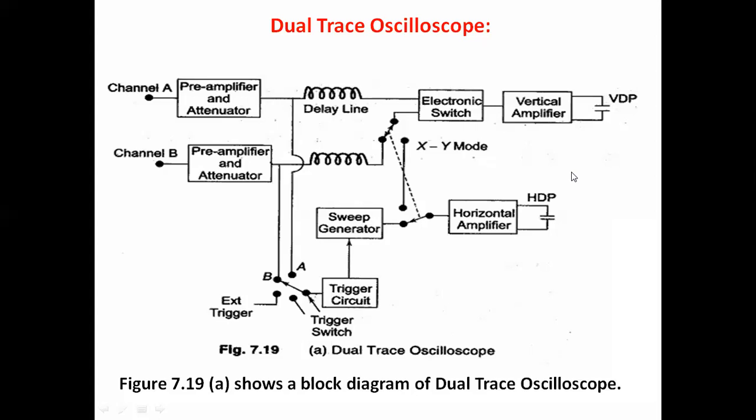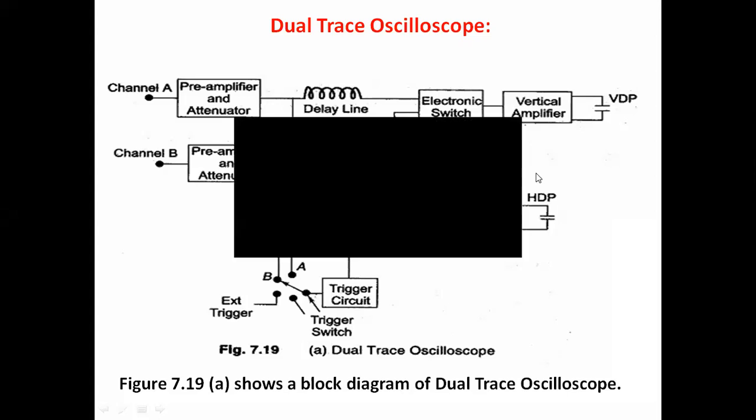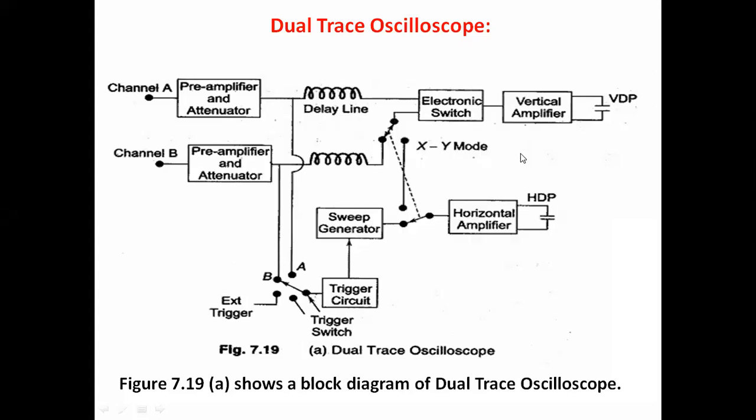The dots will be moved from top to bottom, but we have to observe the individual signals from left to right. So on this CRT screen, we can observe the signal moving from left to right.